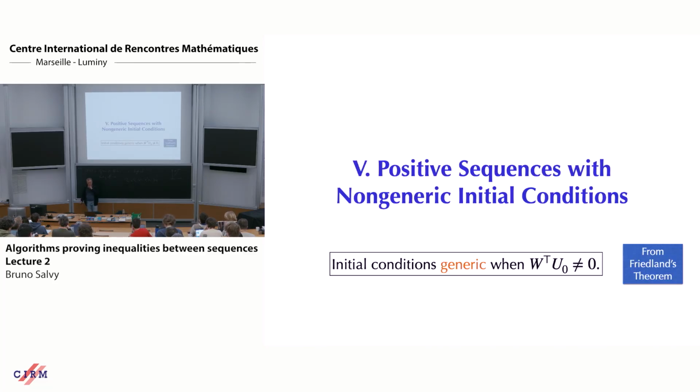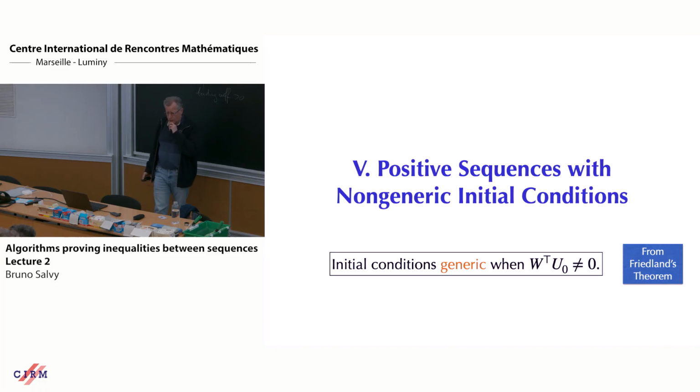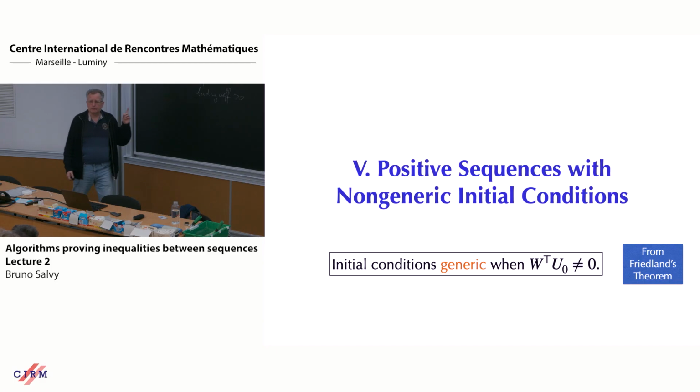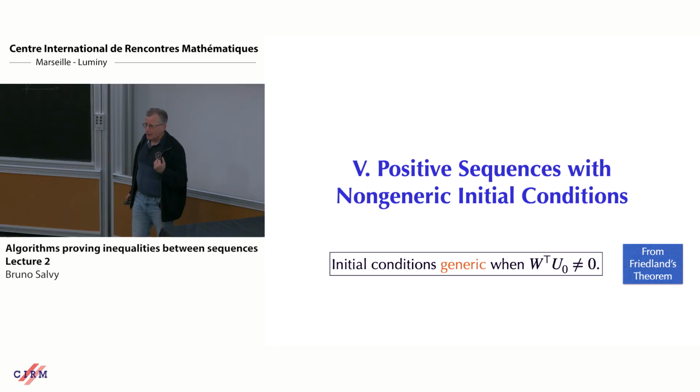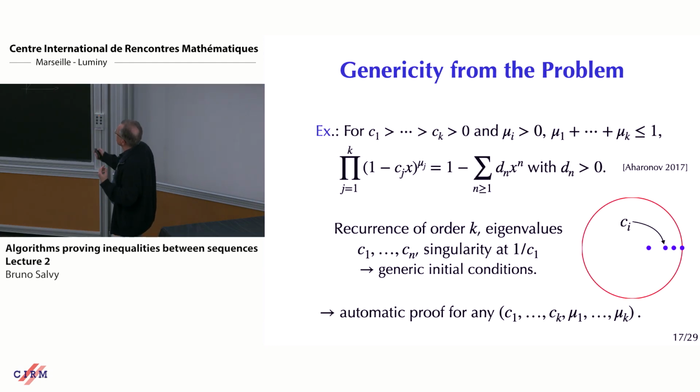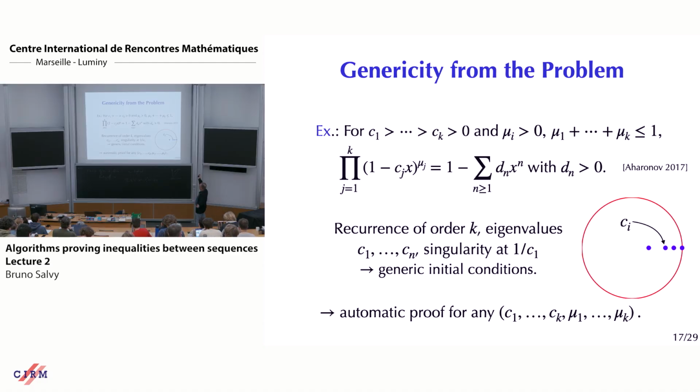I just want to say a few words on this genericity problem. First, there are cases where you know that you are in a generic situation. An example of that type is Aronoff's theorem. The general theorem is like this.